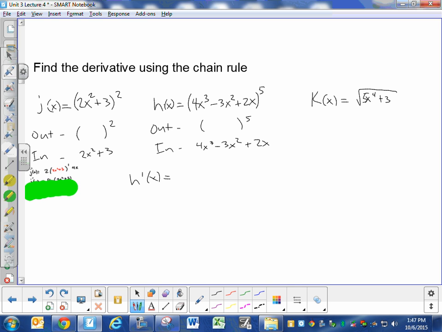The derivative of the outside, if you think about it, is like x to the fifth. The derivative of x to the fifth is 5x to the fourth. So we will go 5 stuff to the fourth. You can fill in your stuff. Sometimes you might want to just go straight to your derivatives first and fill in the stuff later. You can go 5 stuff to the fourth times the derivative of your stuff.